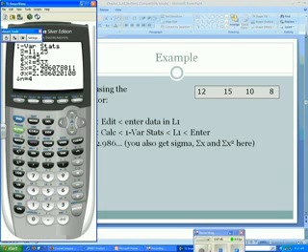Even if you are told that you have to do it using the defining formula or the computing formula by hand, you should check using your calculator, because it doesn't take that long to check, and it will tell you whether you've got the right answer or the wrong answer. And it'll give you these sorts of things in between that might help you know where you went wrong. So you know what the sum of x is, what x bar is, what the sum of x squared is.